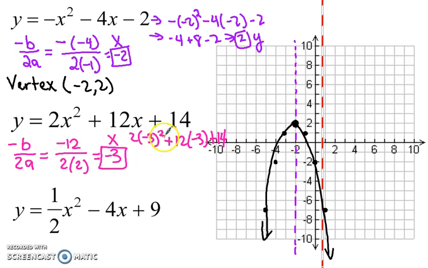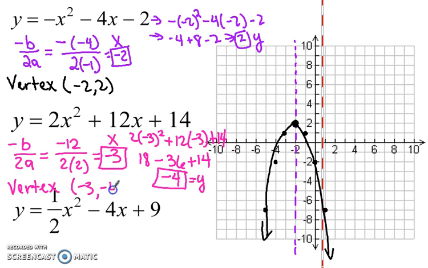So that's 18 minus 36 plus 14. So that's going to be negative 4, which is our y. So our vertex is going to be negative 3, negative 4. Oh, I forgot to draw our vertical line right there. So negative 3, negative 4, that is our vertex.